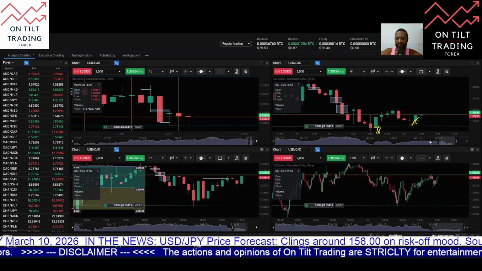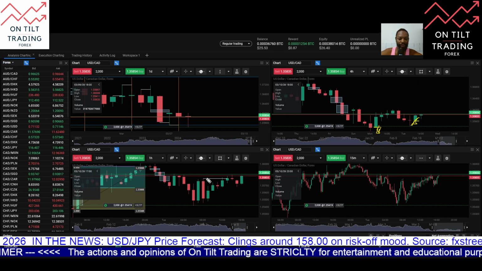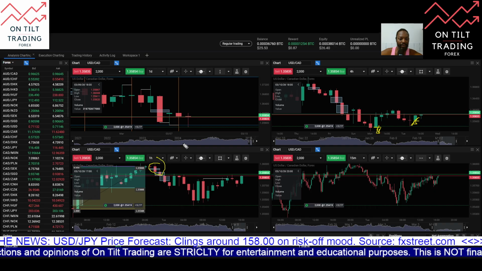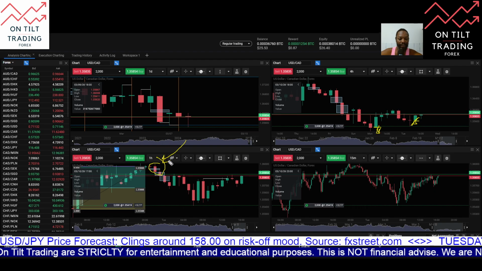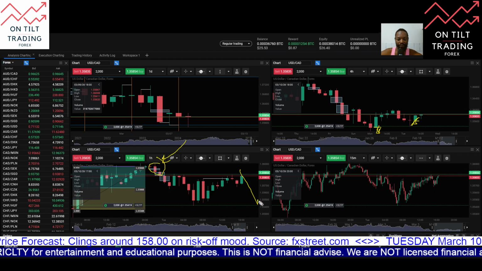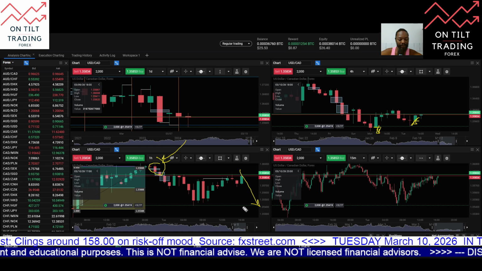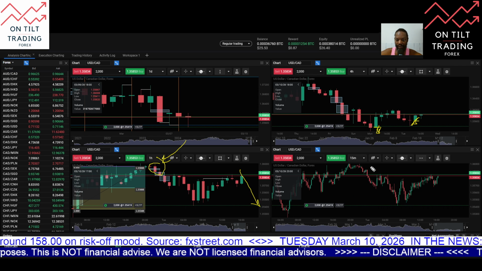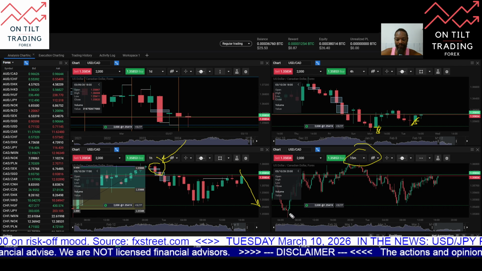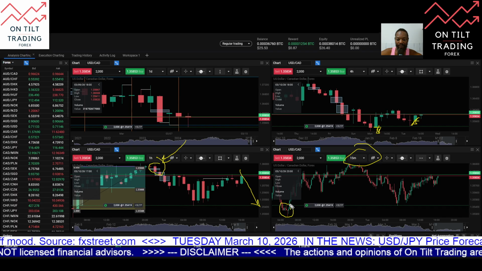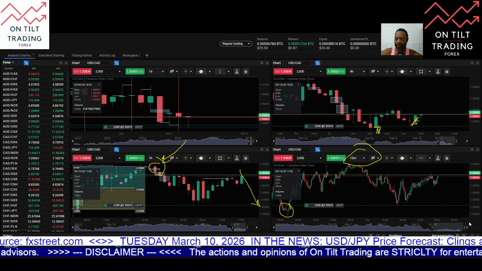I would anticipate price likely trading into this bearish fair value gap, and then probably seeing price return back to this level and probably test this order block. And then you can see here on the 15-minute, I'll come in a little closer.